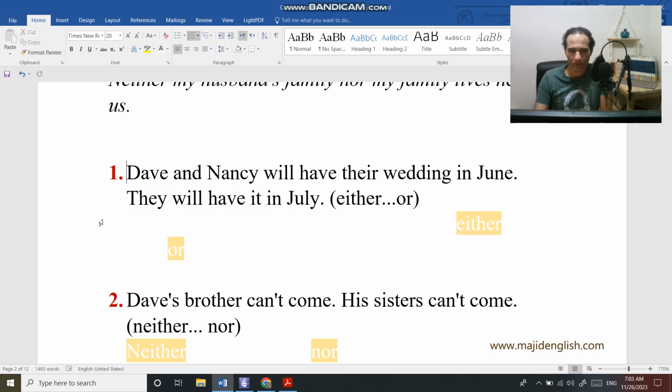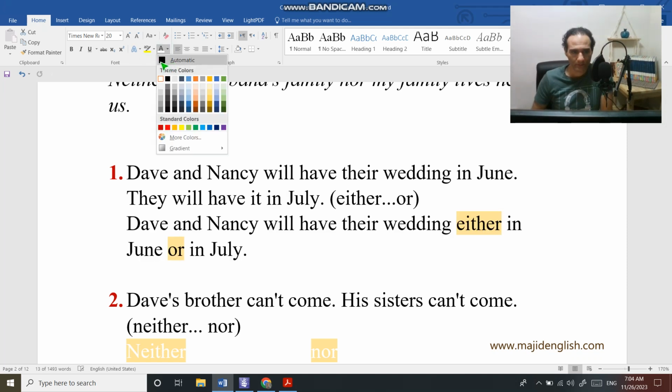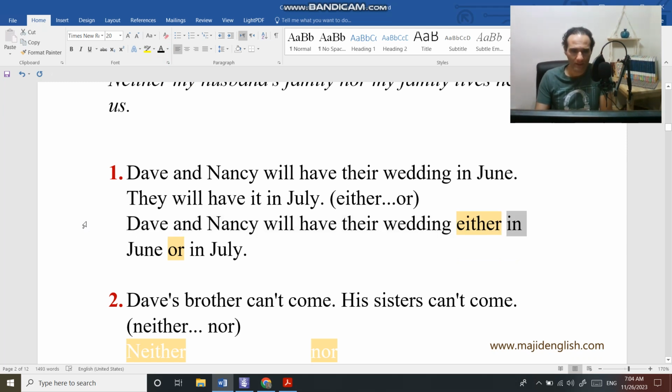So we should bring our either where the similarity finishes, here, either in June or in July. And then both of them are connecting prepositional phrases, so they are parallel. This is how you answer such a question. See, Dave and Nancy will have their wedding either prepositional phrase or prepositional phrase. Good.